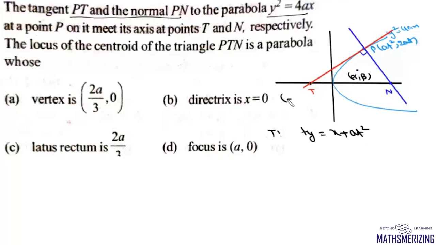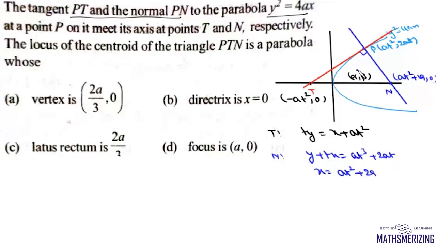So this point T will be (minus at square, 0). Now the equation of normal to this parabola will be y plus tx equals at cube plus 2at. Again this point N lies on the x-axis, so we'll put y as 0. Now here we'll get x as at square plus 2a. So this point N will be (at square plus 2a, 0).